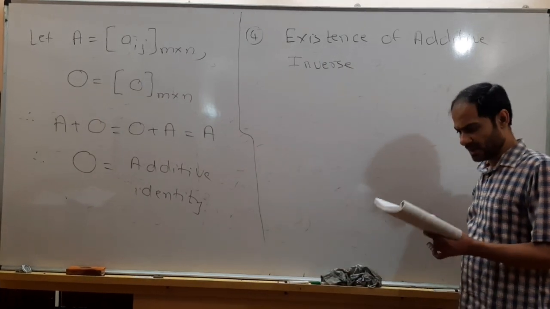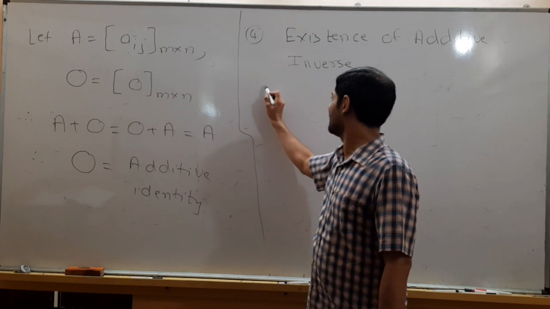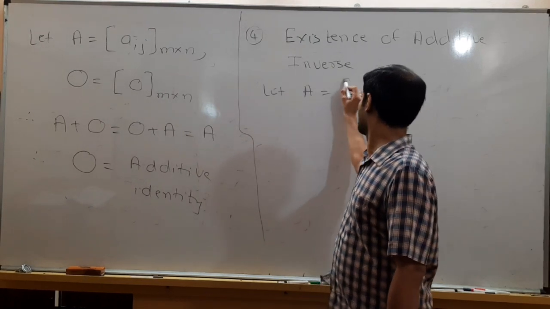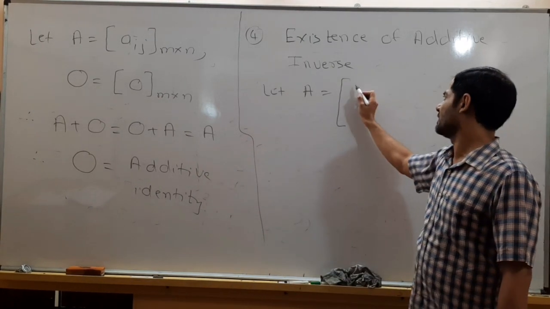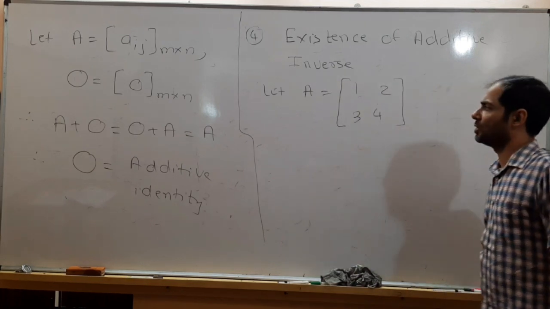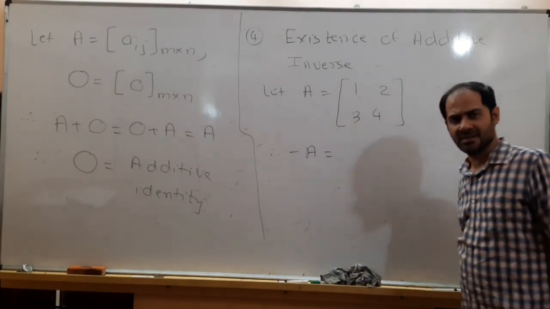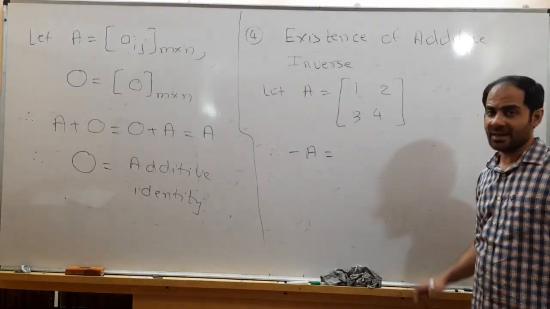Okay, now let me put it this way. I'll give you an example. Let A be equal to, say, 1, 2, 3, 4. So definitely you know minus A. What is minus A? Minus A we did today.